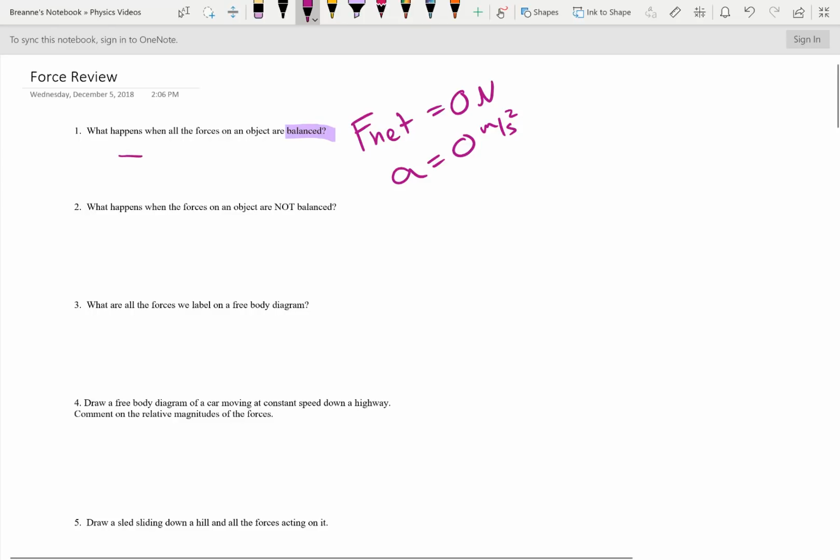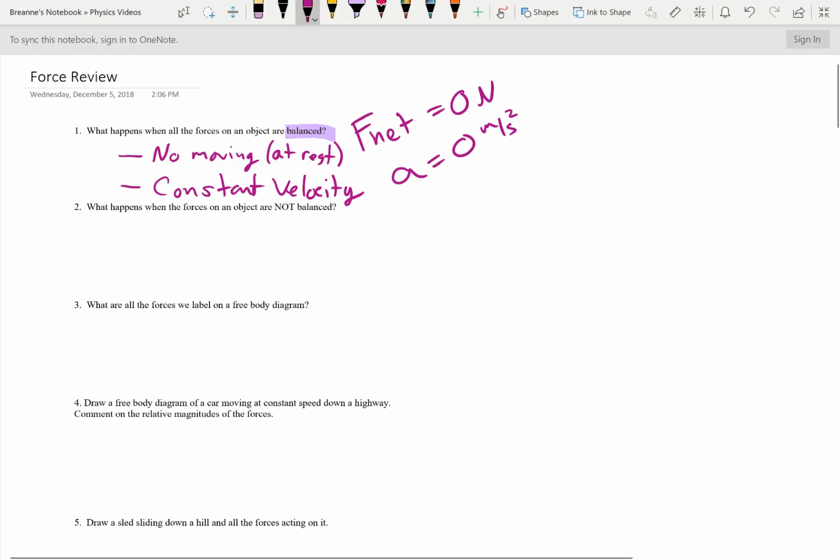It can either be not moving, another way you could say that is at rest, or it can be moving at constant velocity. So those are two things that can be happening when the forces are balanced.